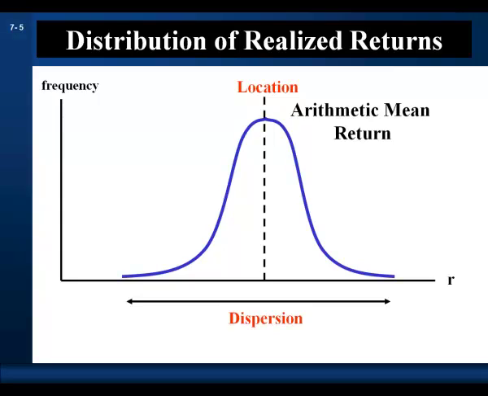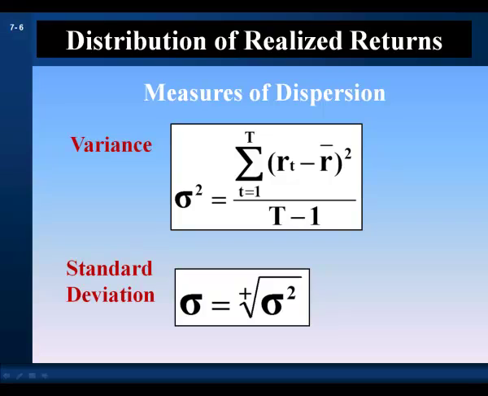The statistical measure of dispersion is variance and standard deviation. Variance is the average of the squared deviations from the mean. In each year, we subtract the mean return from the realized return in that year to get the deviation from the mean.